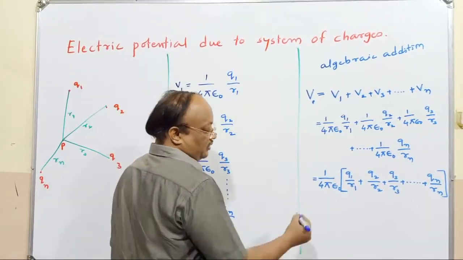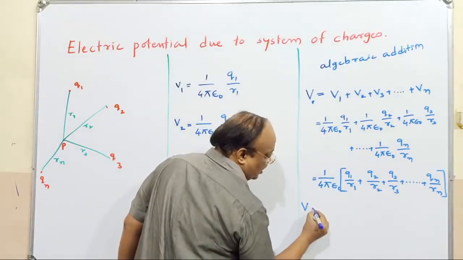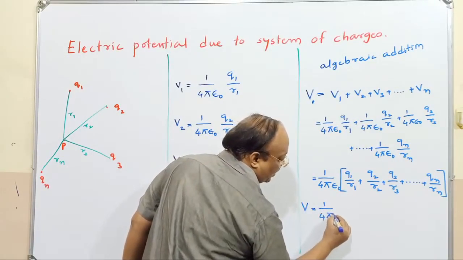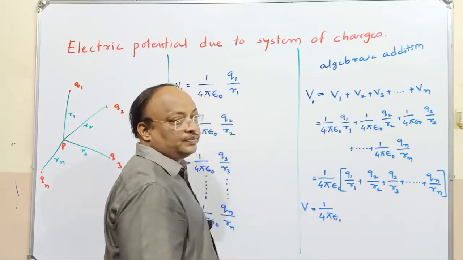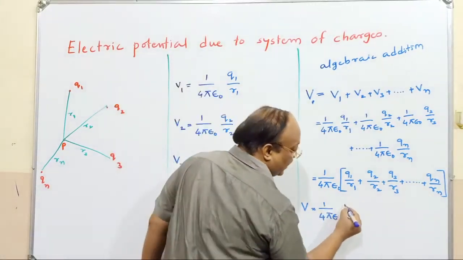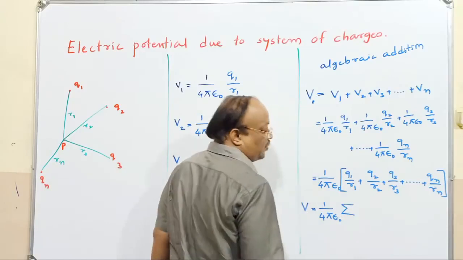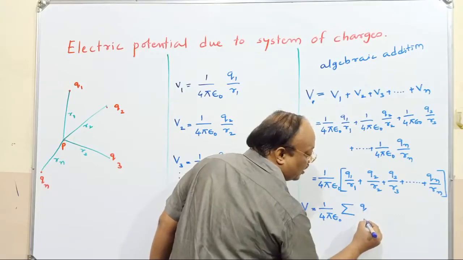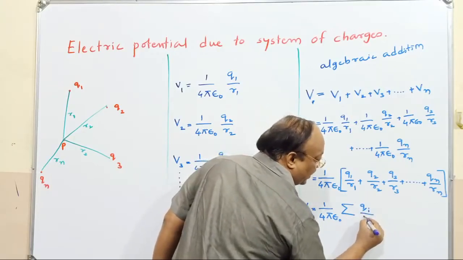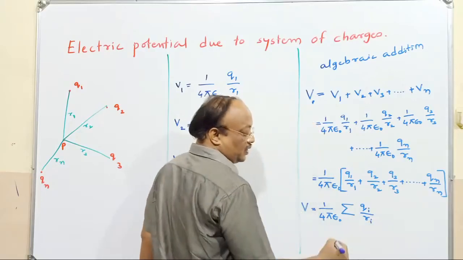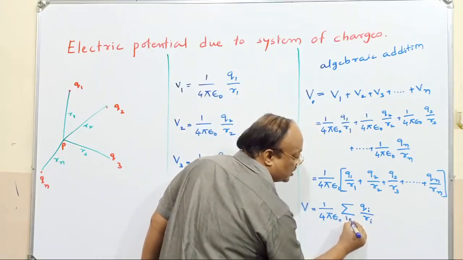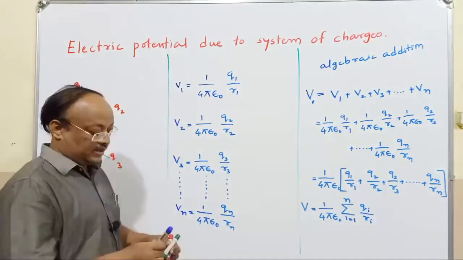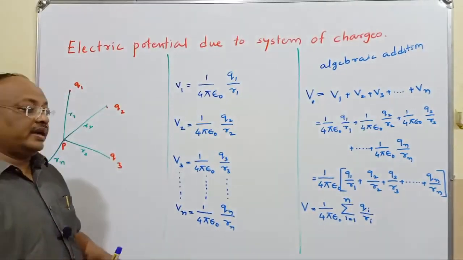Or in general I can write the potential at the point P as 1 by 4 pi epsilon naught times the summation of Qi by Ri, where i goes from 1 to n.